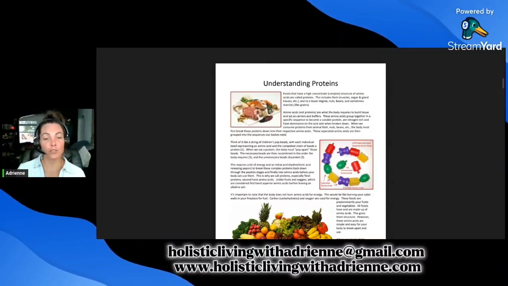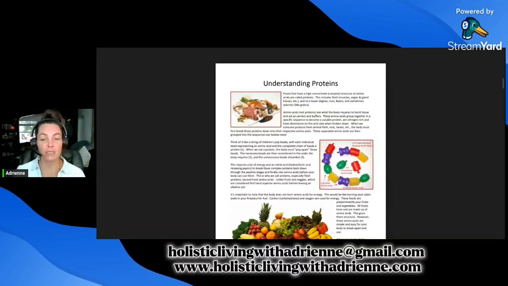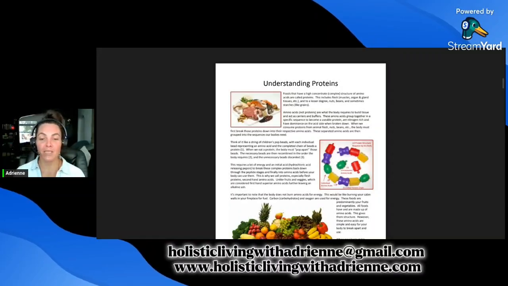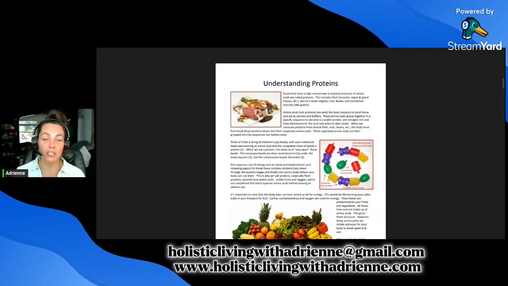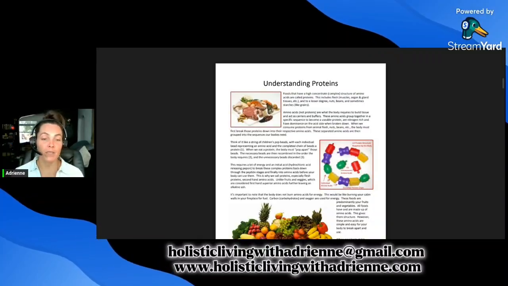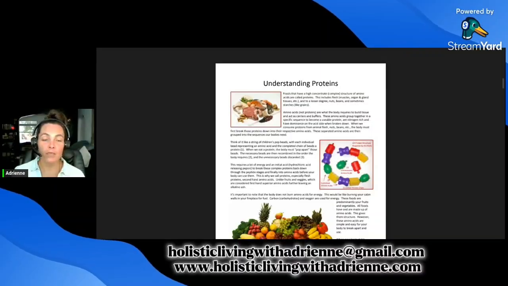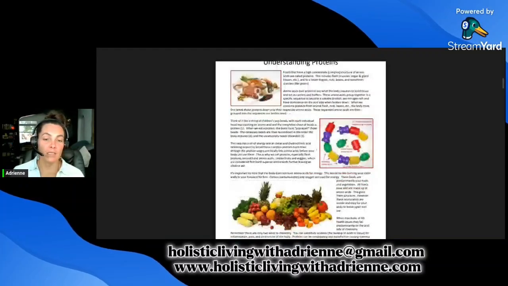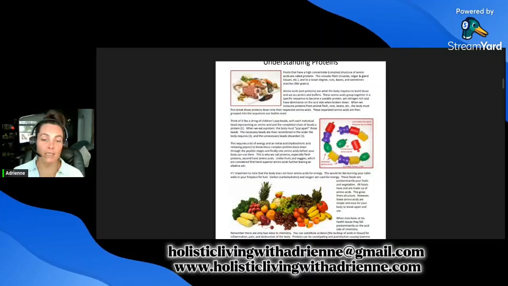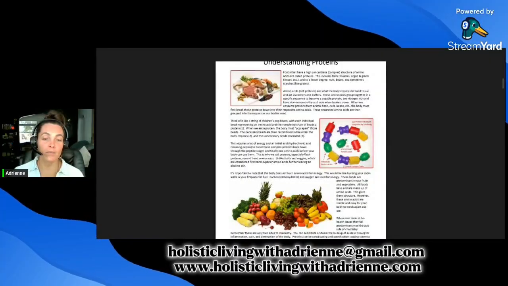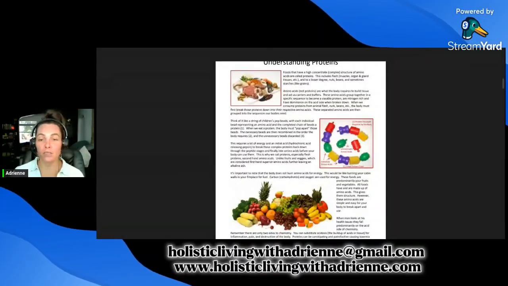Think of it like a string of children's pop beads, each individual bead representing an amino acid, and the completed chain of beads a protein. When we eat a protein, the body must pop apart those beads. The necessary beads are then recombined in the order the body requires, and the unnecessary beads are discarded.